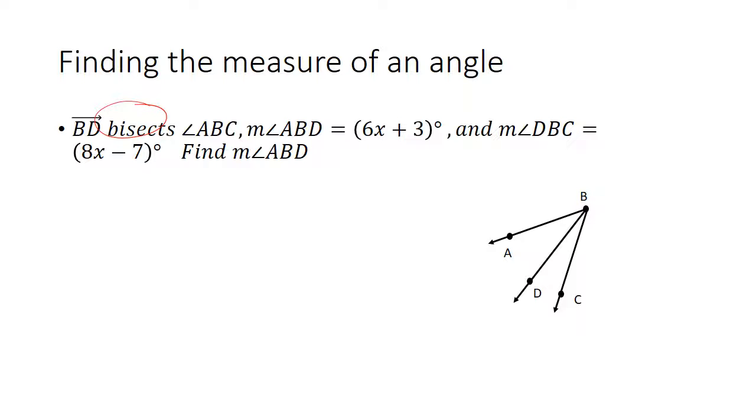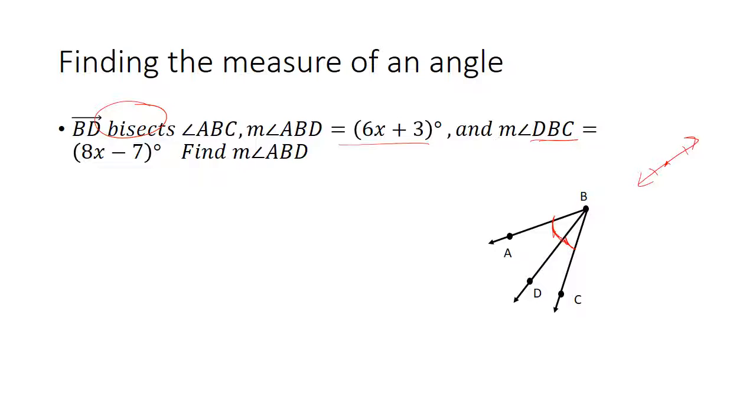Bisecting tells us that the two pieces have to be equal. This and this are going to be equal. You could tell that from looking at the picture because of the tick marks. So remember, in a straight line, if it bisects, we would say those are congruent. The tick marks in this case are going to be single little curves, and we can see that they are congruent. So given that, ABD, which is this one right here, is going to be congruent to DBC. So those are going to be equal to one another.